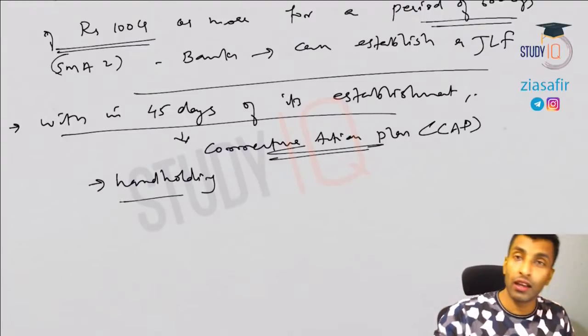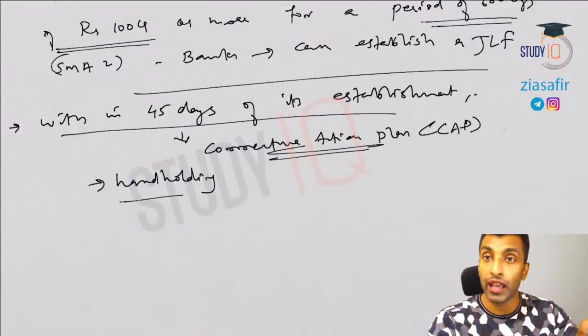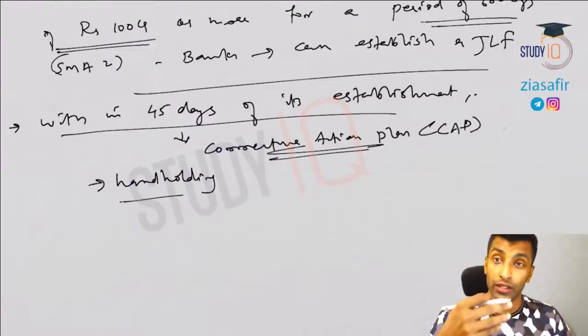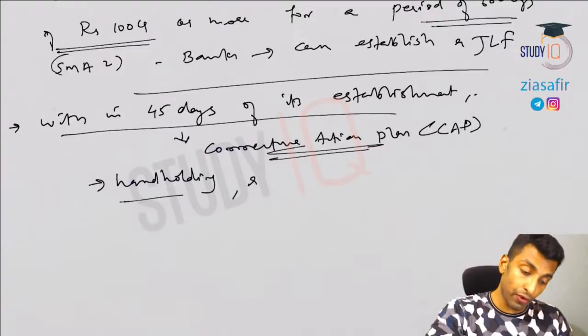Hand holding means holding the hand. You may give additional loans and help, so that the company may be able to overcome the crisis. That's what we mean by hand holding. So it may include hand holding, restructuring of the loan.